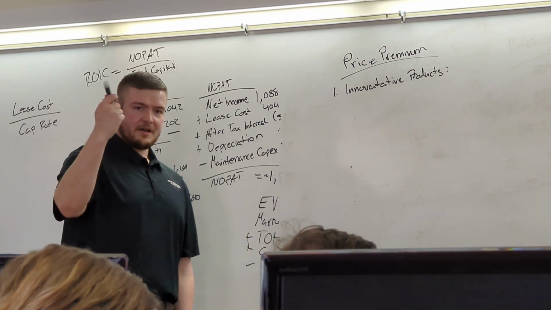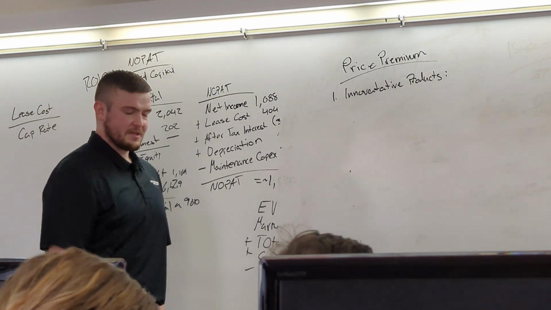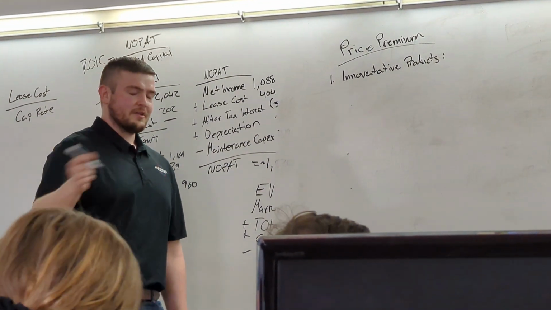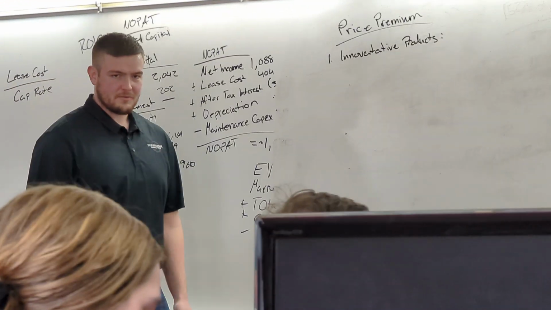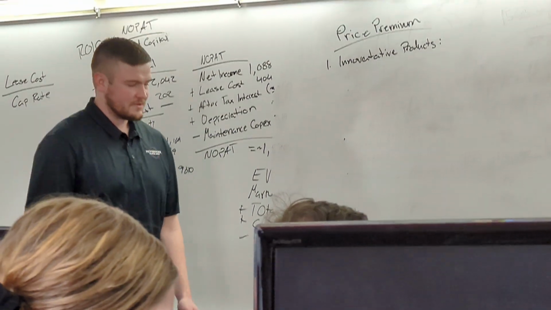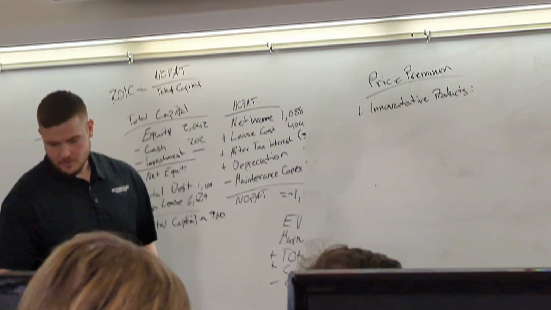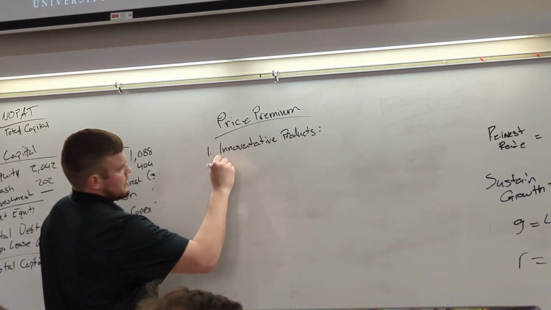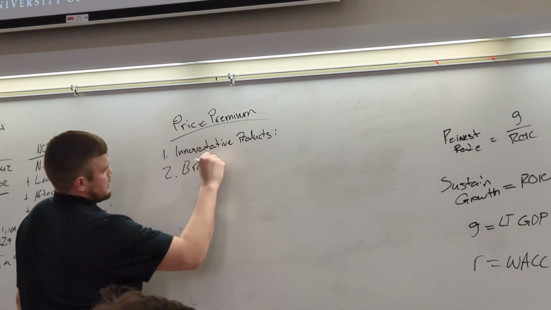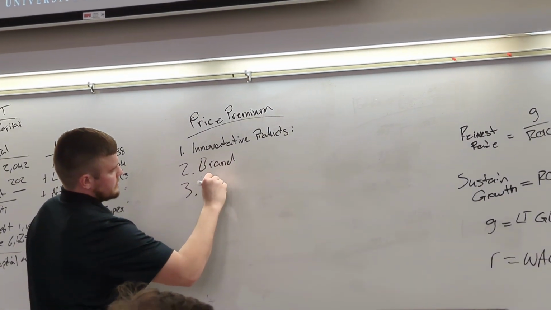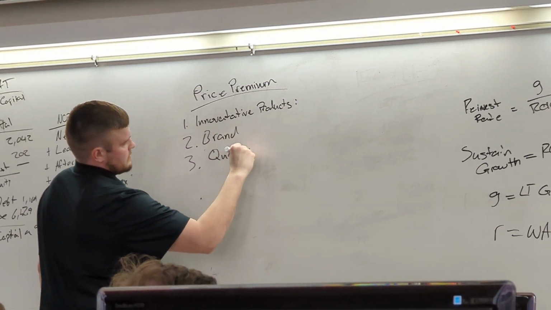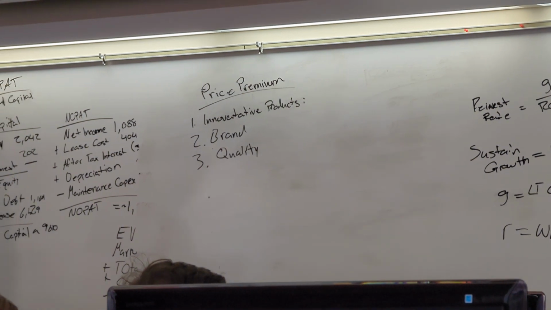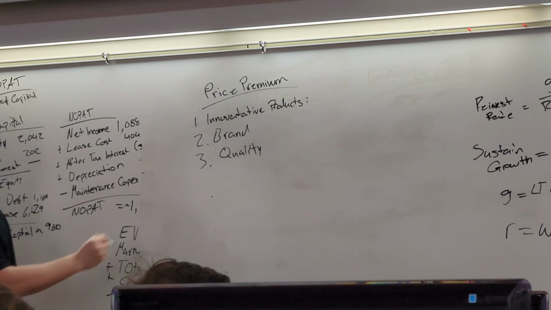If I was just going to sell an Expo marker for 20% above market, every other Expo manufacturer is going to flood the market with products until market forces drive that back down to a reasonable return. Brand. Quality. What else do we got? Or switching costs.